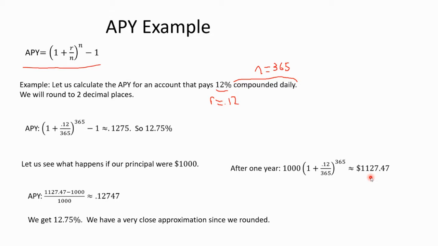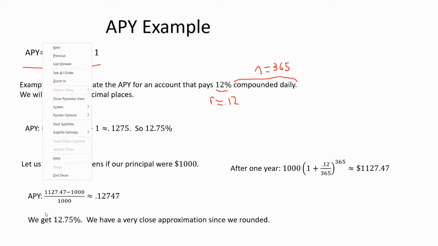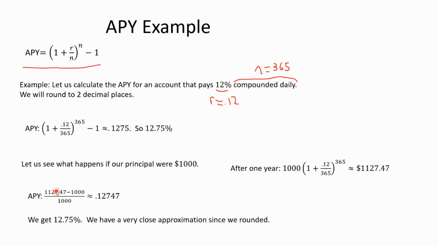So we have this amount after a year. Well, we have $1,000, and this is how much we have after a year. So by what percent is this bigger than this? We get the percent change. This is the ending amount minus the starting amount over the starting amount, which is this. That's the relative change in our balance after a year.